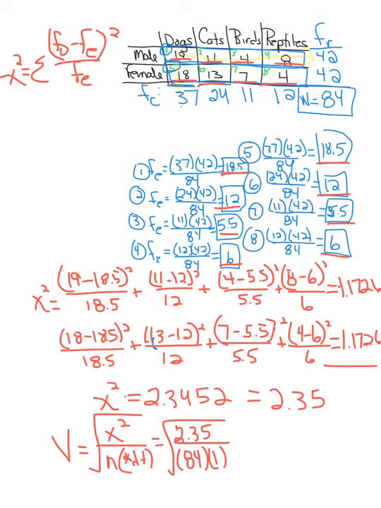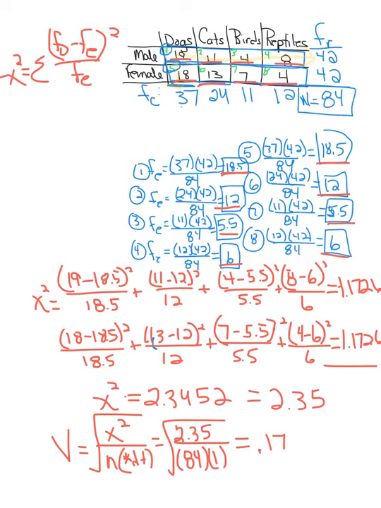So this Cramer's V would have the same value as if we did a phi coefficient, but it doesn't have the same meaning when we're reporting our statistical results, because a phi coefficient is only for a 2 by 2. So if we calculate this out, I'm going to do this real quick. I got 0.16709, which is basically 0.17. 0.17 is our Cramer's V.